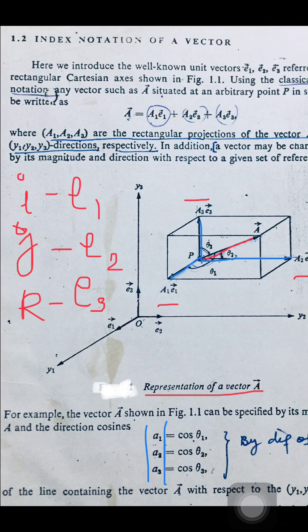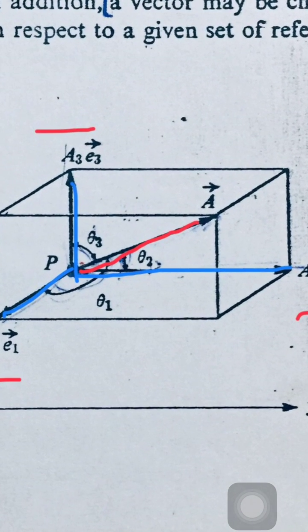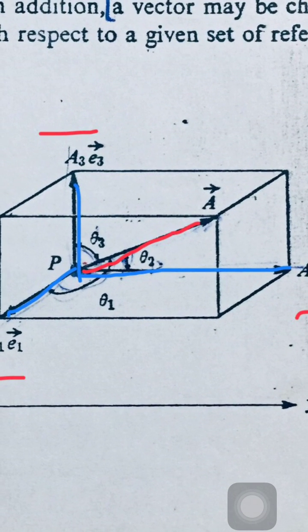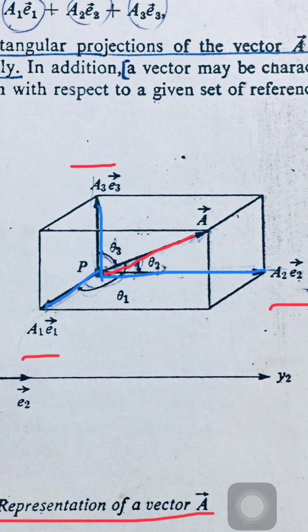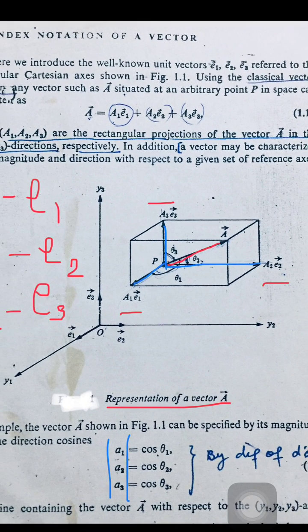Here you can see in the red line, this is an A vector, and the vector components on the axes e1, e2, e3 are represented by the blue line, that is A1 e1, A2 e2 and A3 e3. These are the rectangular projections.